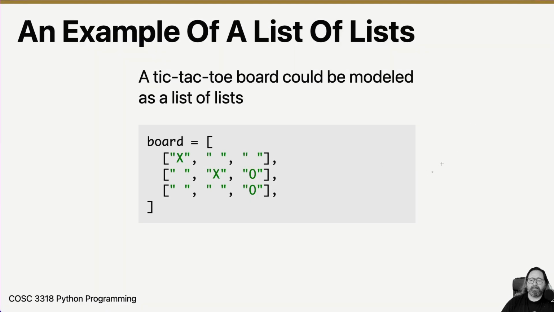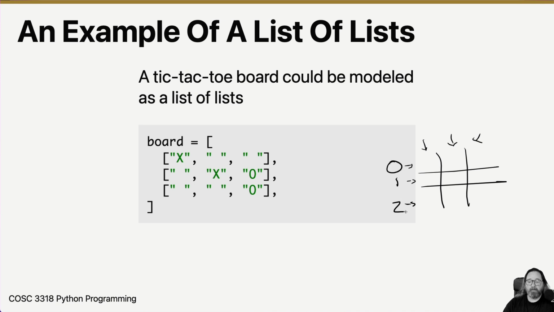So think about a tic-tac-toe board. I don't know if you've ever played tic-tac-toe or drafts and knots, as it's called elsewhere in the world. A tic-tac-toe board is a series of rows and a series of columns like this. And so if we apply indexes to them, 0, 1, 2, and 0, 1, 2, our rows are the first index and our columns are the second index.